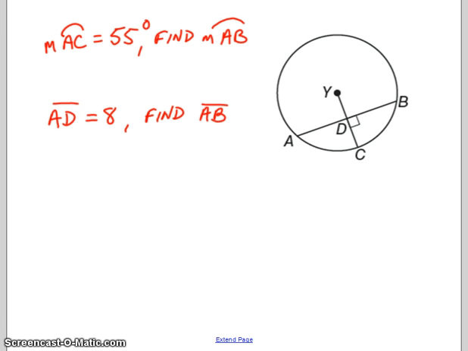Alright, so if arc AC is 55, what's the measure of AB? So AC is 55. And we see that it's perpendicular. So the measure of BC is also 55 degrees. Therefore, AB is 110 degrees. Okay, same thing. AD is 8. Therefore, DB is 8. So the whole thing is 16.